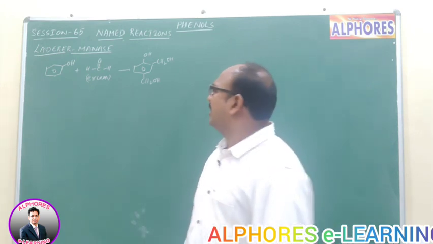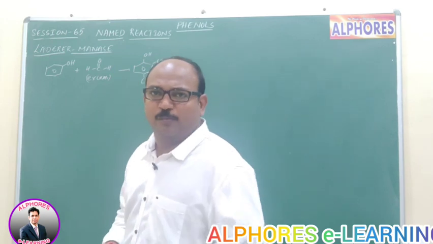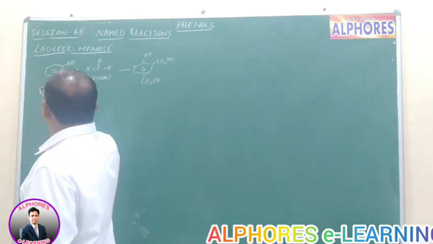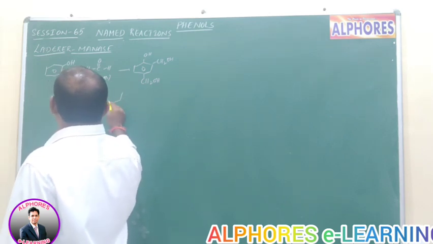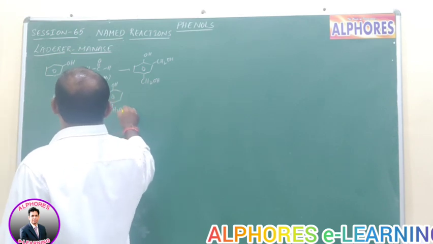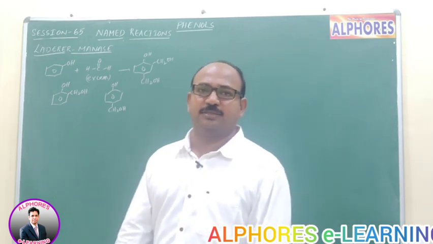Substitution at both ortho and para positions happens. So far we have discussed three types of products: only ortho hydroxybenzyl alcohol, para hydroxybenzyl alcohol, and ortho-para both position benzyl alcohols.